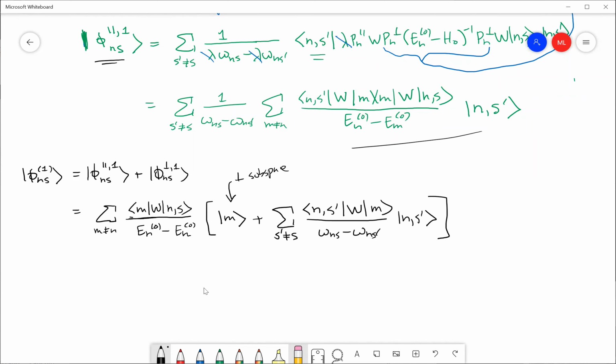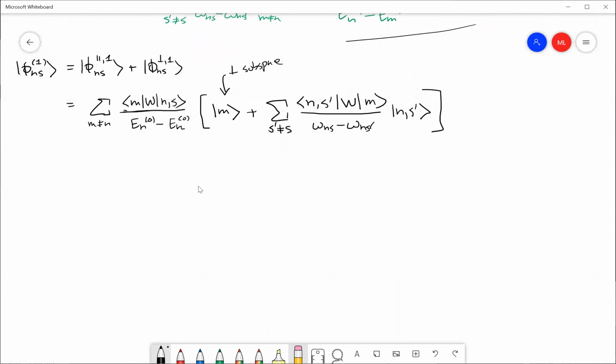So let me summarize then the degenerate perturbation theory. This is as far as we're going to get with it. Our corrected states are going to be the NS's, which again, remember they diagonalize H naught plus P parallel W P parallel. It's a nice way of thinking about it, right?